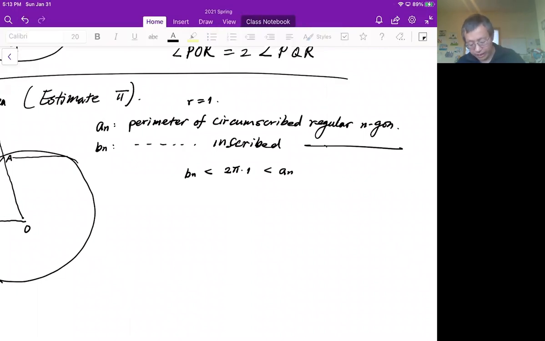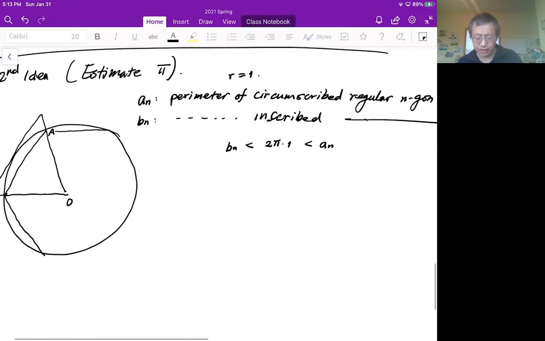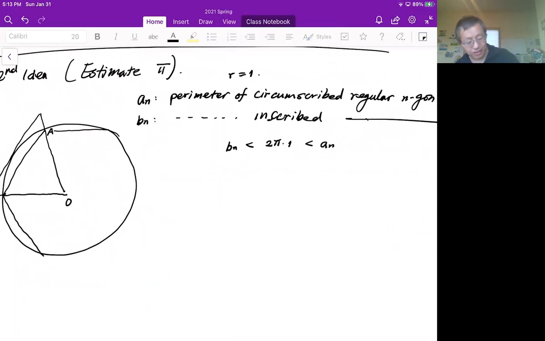You might say, oh, that's so easy. Certainly, that's true. 2 pi is bigger than the circumference of the inscribed regular polygon, and it's smaller than that of the circumscribed regular polygon. Right. So far, so good.